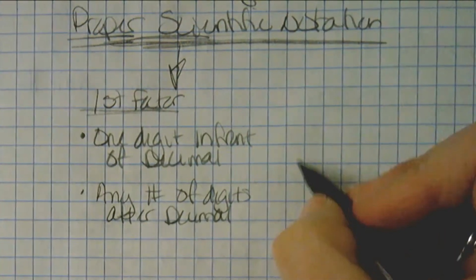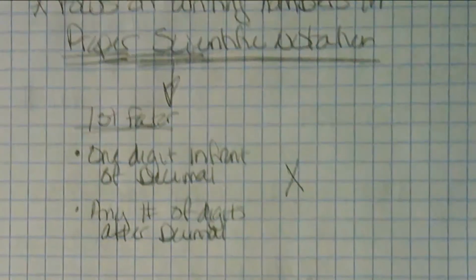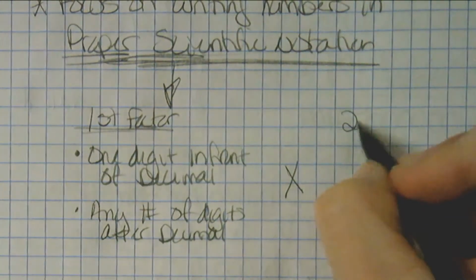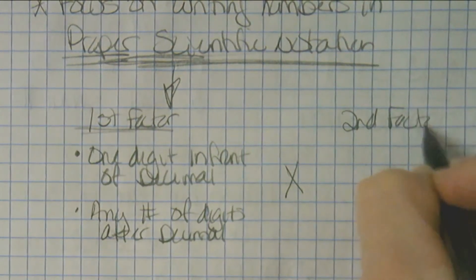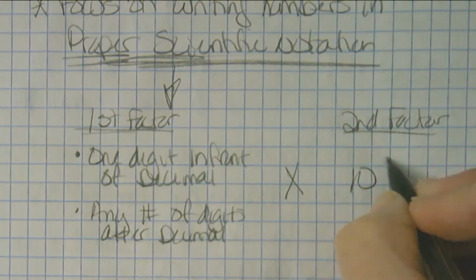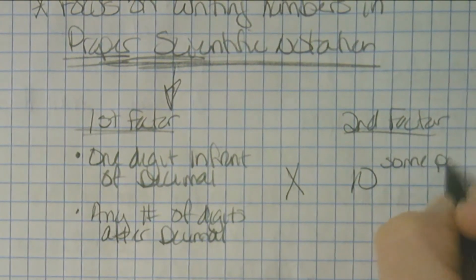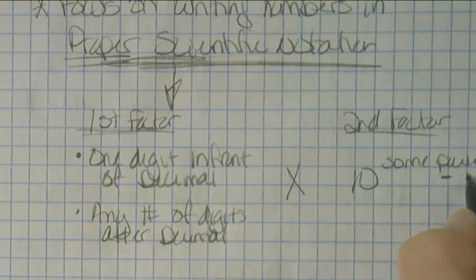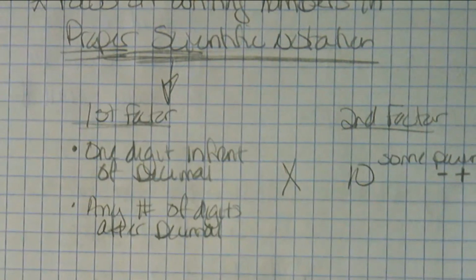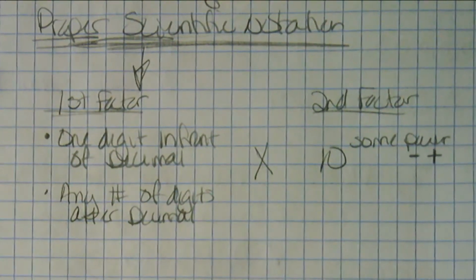All right, then we have our times. And then our second factor is 10 to some power, and that power can either be positive or negative. So this is the proper scientific notation, in that format. And that's what you guys have been changing the standard form to.